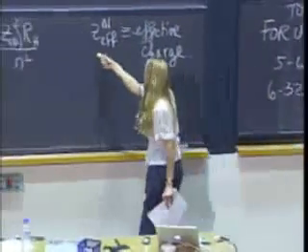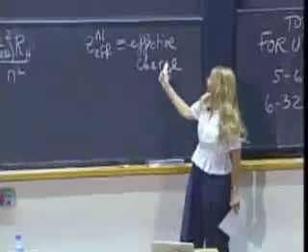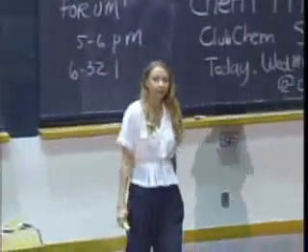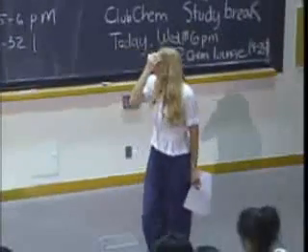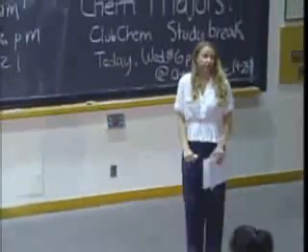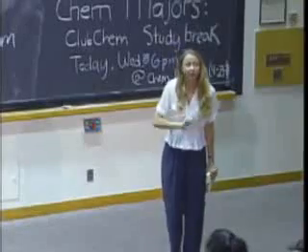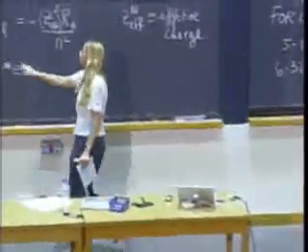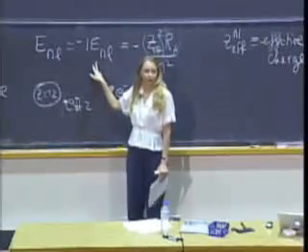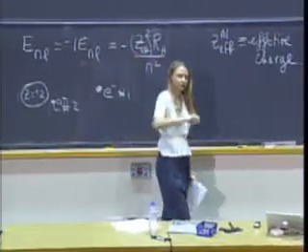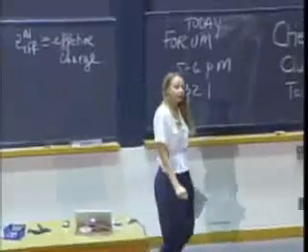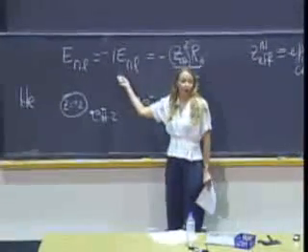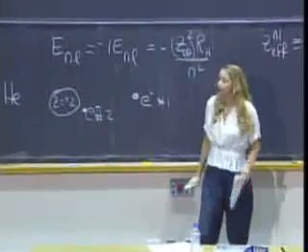And that something smaller is what we call the effective charge. All right? So how are we going to determine that effective charge? Well, we're going to use some experimental measurements to do that. We're going to look up the ionization energies or measure them, and we'll see how we do that a little bit later. But you can guess how: we're going to look them up, and we're going to back out the effective charge.